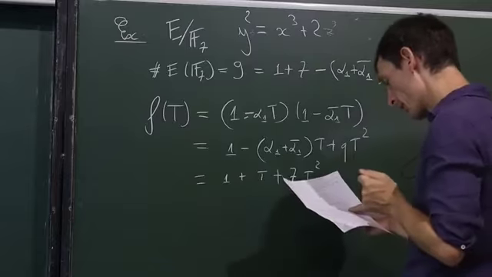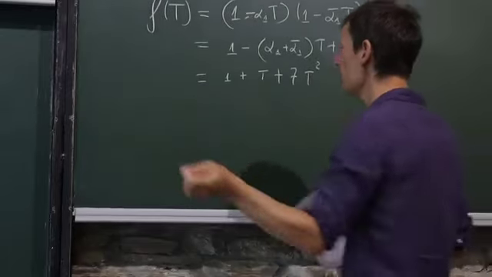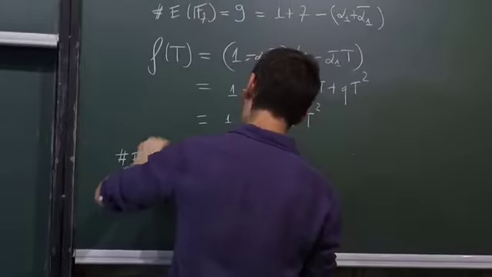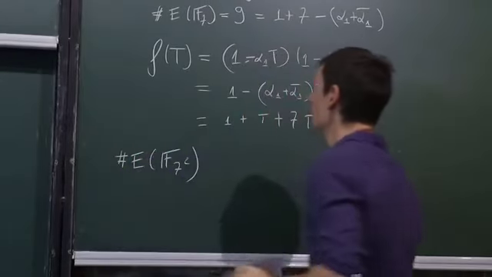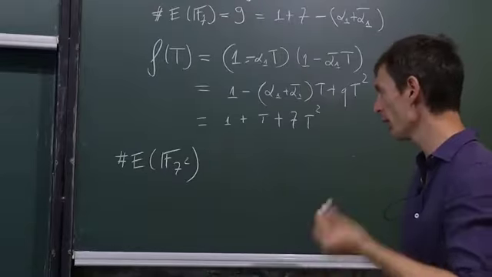So it should be 1 plus t plus 7 t squared. All right. But also what is nice is that if you want to know, for instance, the number of points on E over F7 squared, of course you could take all points in F7 squared and try them.